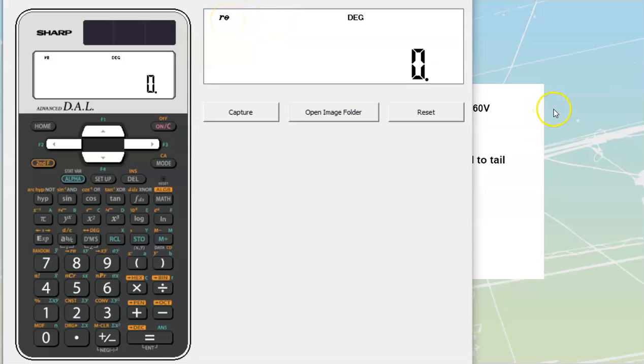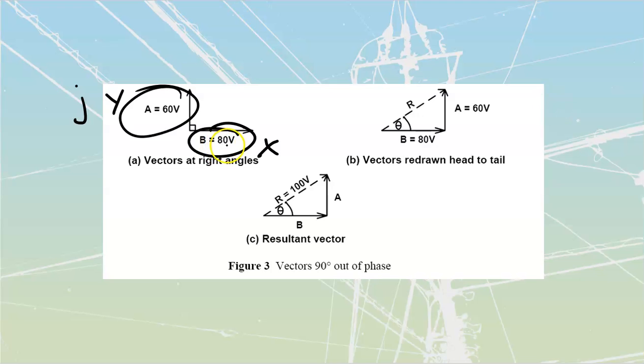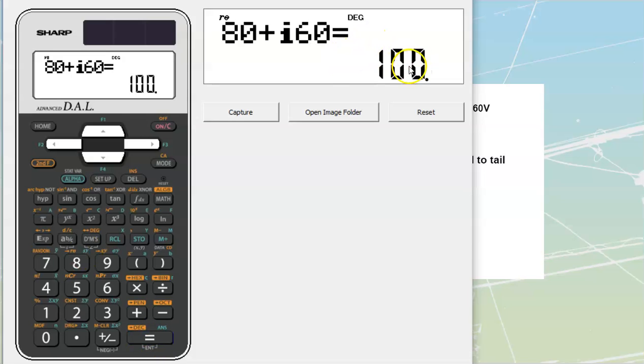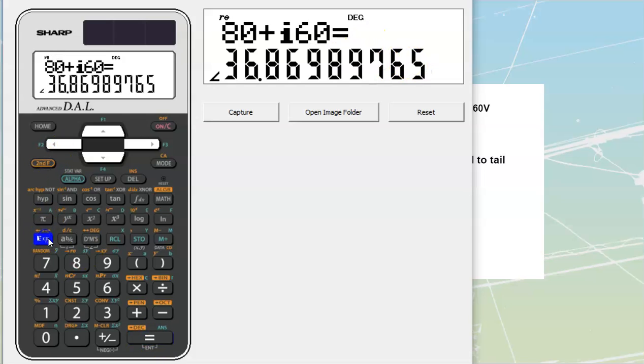I could go and input them directly in. So I'm going to put this in as my X value, 80, this as my Y value, and I just need to identify it as a Y value. So I'm going to go 80, it knows it's an X, plus, and then I'm going to go I60. That's going to identify this I over here, and it's right there on the ABC. That identifies it as being a Y, and I hit enter, and it tells me that I've got a value of 100 at an angle of 36.87.